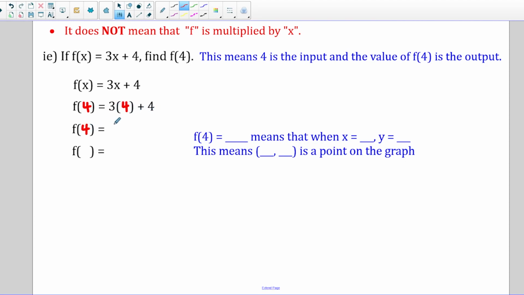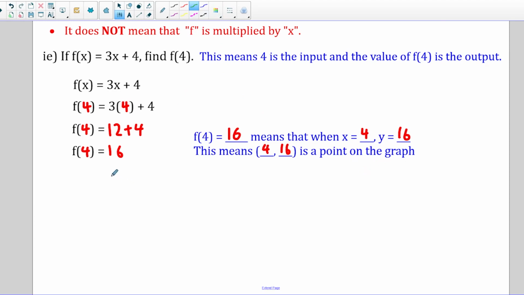We know that 3 times 4 is equal to 12, and 12 plus 4 is equal to 16. So f of 4 is equal to 16. What that means is that when x is equal to 4, y is equal to 16. That gives us an ordered pair of (4, 16), which we can put on a graph.